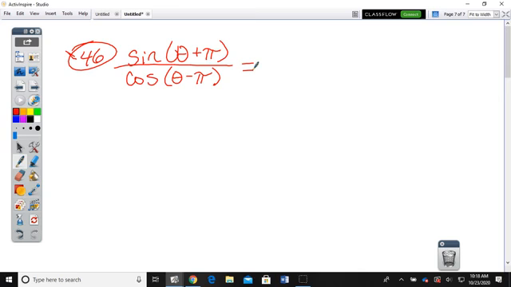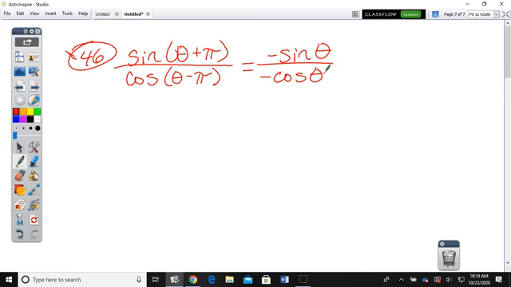Negative sine theta. And the bottom one, I know it's in a different order, but it's the same, is also negative cosine theta. Does everybody see that on your chart? They're right there, those two.